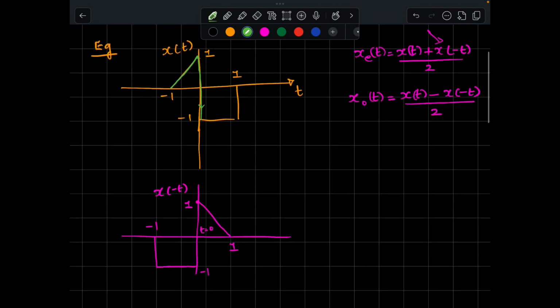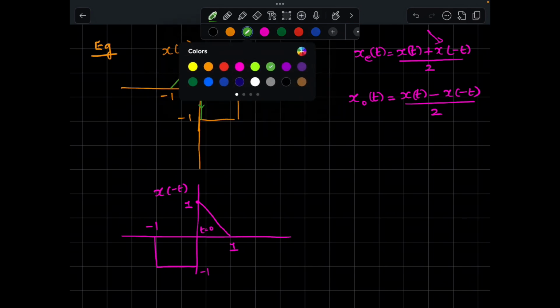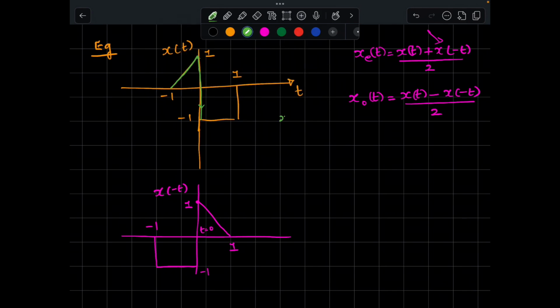But we should know what the amplitude is for t less than 0. That means we consider just before 0. Let us consider x of t for t equal to 0 minus. As we have seen, this part of the signal is for t greater than 0, so we don't need to consider it.